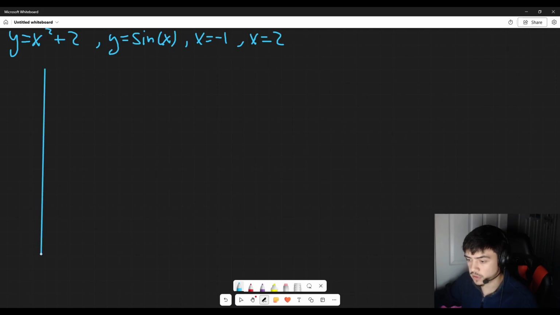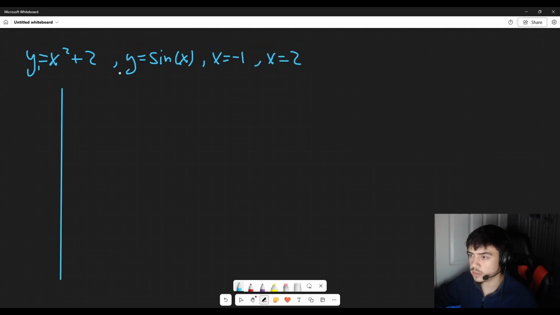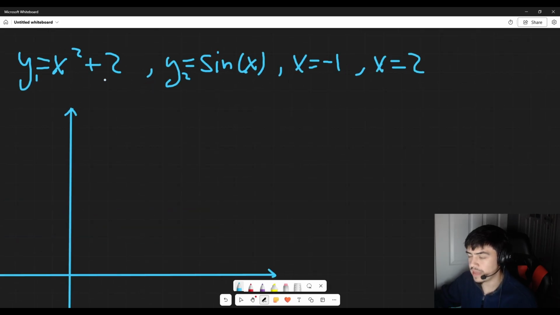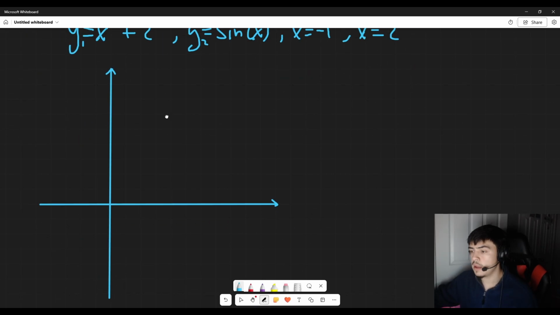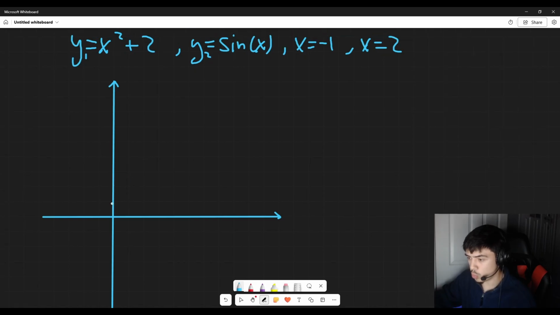For our first function, I'll call this y sub 1 and y sub 2, right? We notice that it's a parabola, x squared. And that plus 2 is the y-intercept, meaning that we'll just go up 1, 2. This is our y-intercept. And our parabola will just look something like this. Pretty easy.